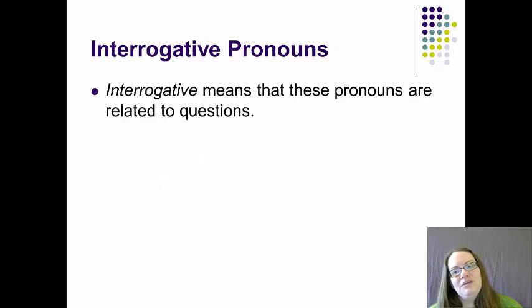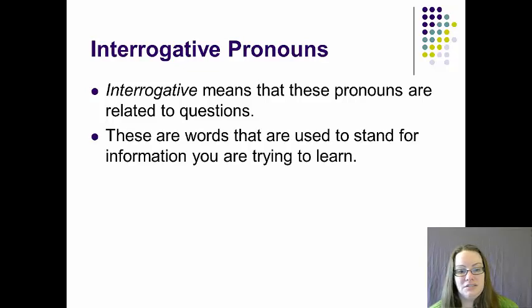Okay. When we're figuring out how to ask these questions, this is where we use what's called interrogative pronouns. So we saw pronouns that looked exactly the same shape, but the behavior was different when they were behaving as relative pronouns. In this case, they're behaving as interrogative pronouns because they're related to asking questions. Okay. These are the words that are used to stand in for the information we're trying to learn.